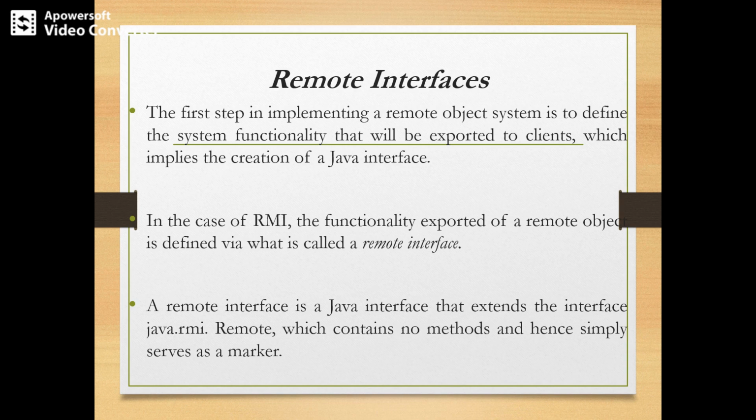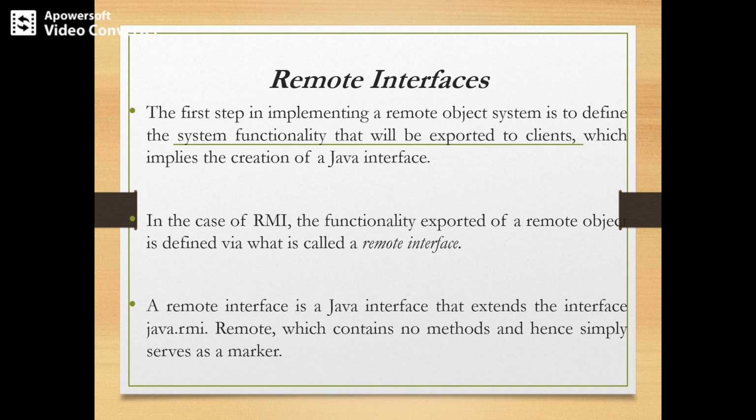In RMI, the remote interface extends the interface java.rmi.Remote, which contains no methods and hence simply serves as a marker. Clients are restricted to accessing the methods defined in the remote interface. We call such a method a remote method invocation.